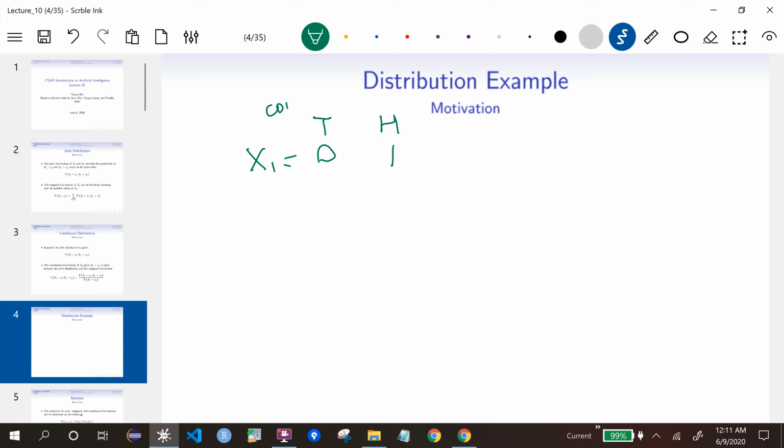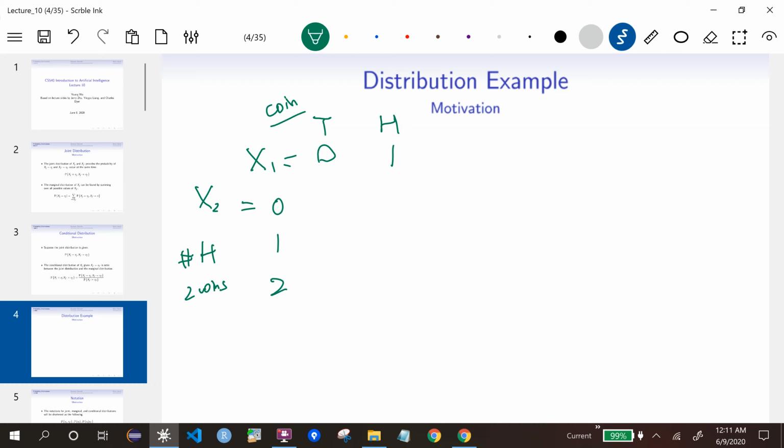So this is basically a coin. And suppose x2 is counting the number of heads if you flip 2 coins. So it can take on values 0, 1, and 2.